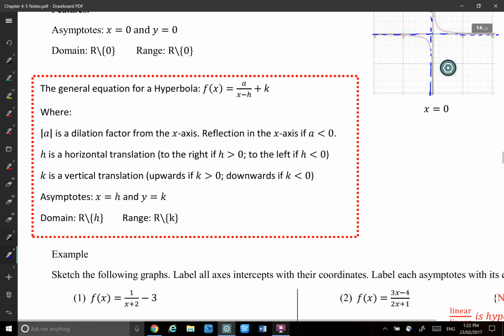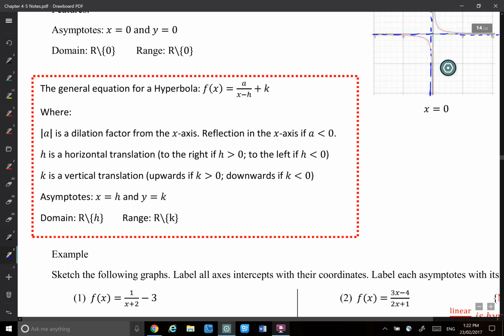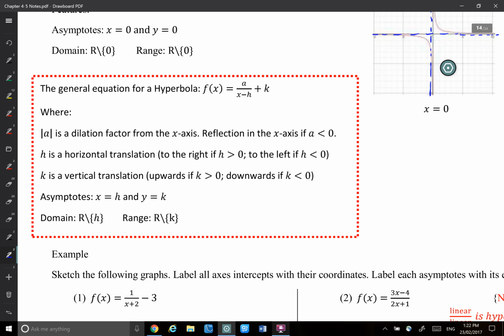Okay, first thing I want to talk about is the asymptotes. So what are the asymptotes? The asymptotes are the values you cannot take. Your value can approach that, but you can never take that value. So what value can we not take for x? Remember the implied domain: the denominator cannot be 0.